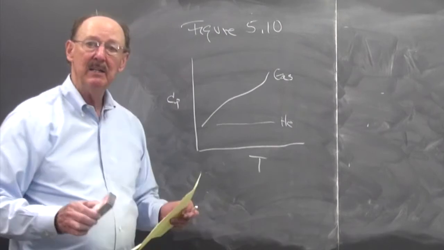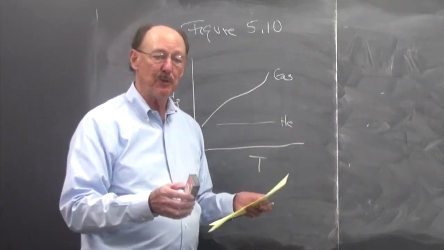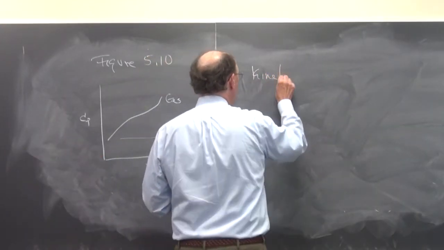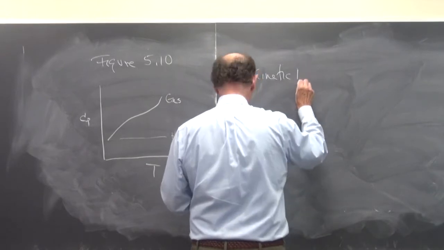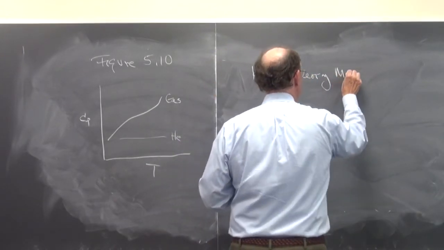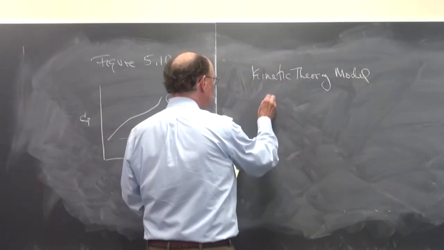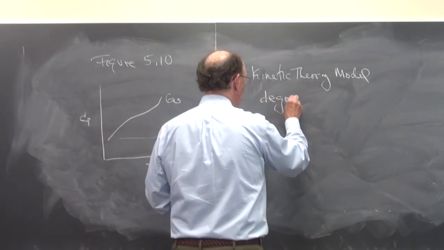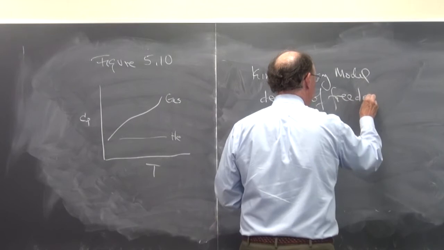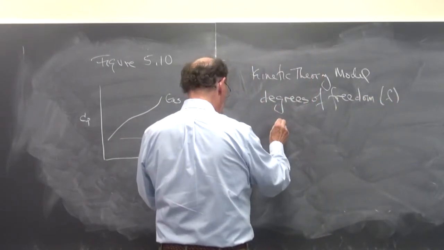And this goes back to chapter 2 when we looked at the modes of energy storage for internal energy. So for the kinetic theory model, we're looking at degrees of freedom F of molecule motion.